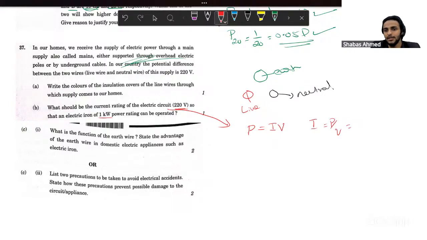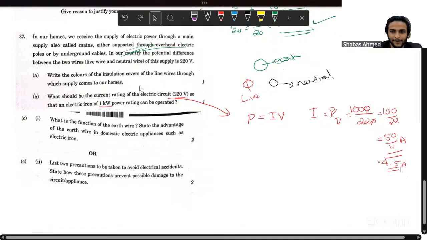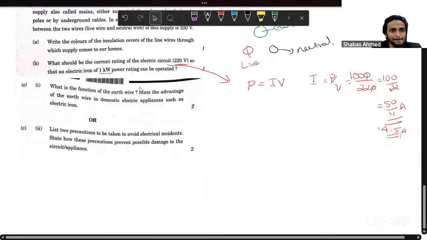So P is 1 kilowatt, means 1000 watt divided by 220, that is 100 upon 22, which equals 50 by 11. You can find the answer, that much ampere. It is approximately equal to 4.5 ampere. Just 50 by 11, that is correct. Okay, so the last question.